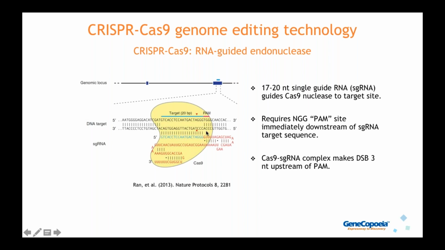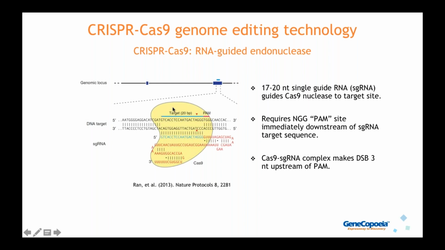So this contains a 17 to 20 nucleotide target sequence from the genome. And you can program this sequence in, so you can synthesize an RNA with essentially any target site in the genome you want, and then it is complexed with another species shown in red, known as the transactivating CRISPR RNA or tracer RNA. And in fact, it was shown a long time ago that these two RNA species can be fused into one single guide RNA.